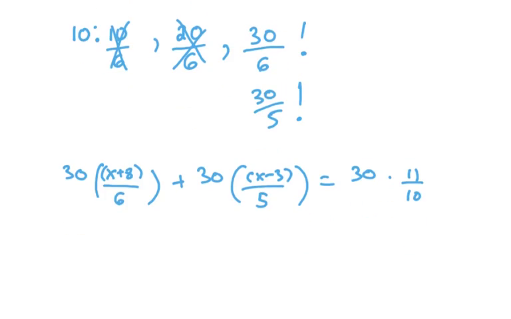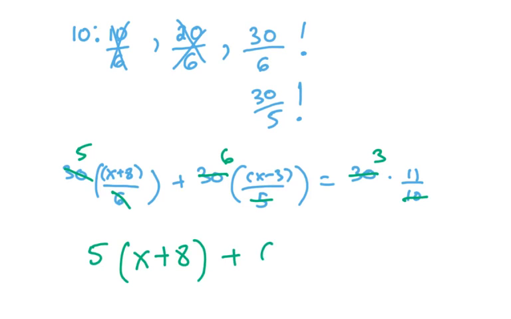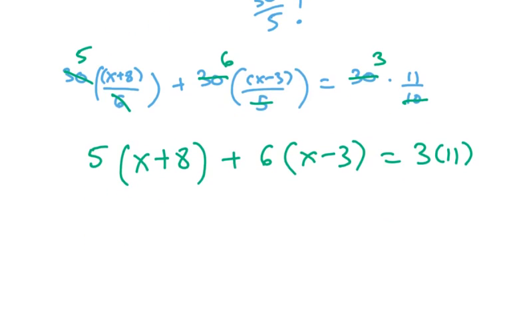Okay, again, why do we multiply by 30? Because 30 divided by 6 is 5, 30 divided by 5 is 6, and 30 divided by 10 is 3. We got rid of the fractions. So the goal here is to get rid of the fractions, and then once we do that, now we're right back to the same sort of problems that we're used to solving.